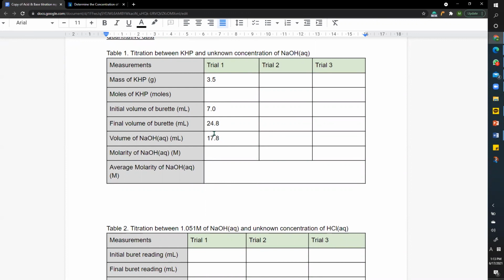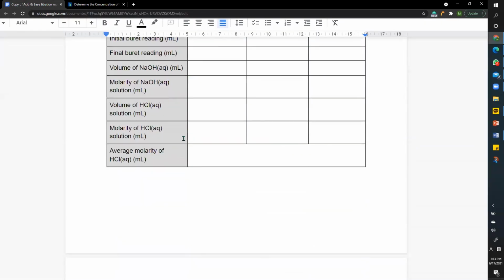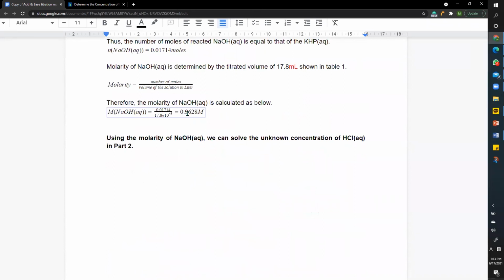If you want to write an IA or a formal report, you should make sure that you have consistent significant figures or decimal points. Yes, and we got the molarity of the NaOH.